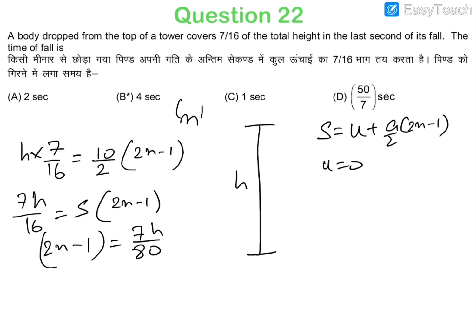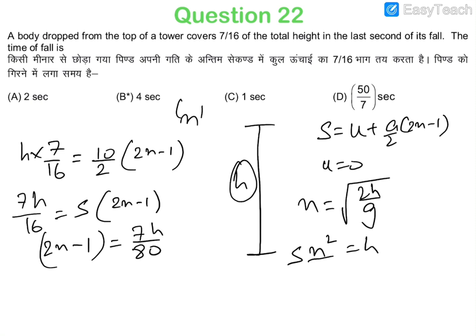Now we know that n is the total time of descent and the height is h, so n will be equal to under root of 2h by g. So we can substitute the value of n in this equation, or we can substitute the value of h, which is n square into 5. I have used the value of g as 10, so this is h.